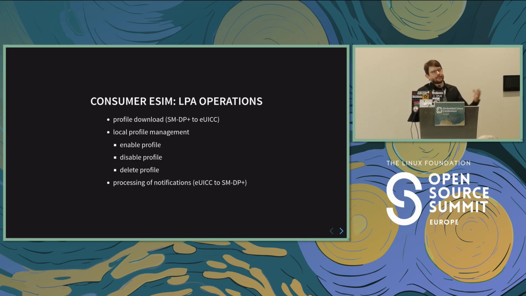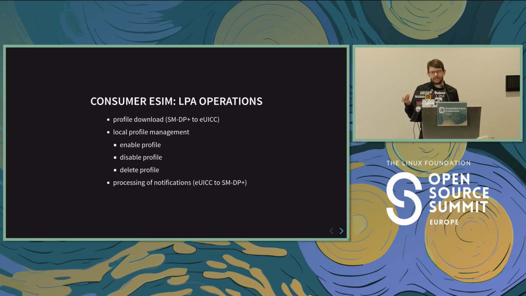So basically the SMTP Plus, or actually the mobile operator that has issued that eSIM, may want to know whether a download has succeeded or whether it has been enabled or disabled or deleted from a device. And that is done by notifications that are generated inside the eUICC. They are cryptographically signed, again, by the eUICC, so they can be authenticated.